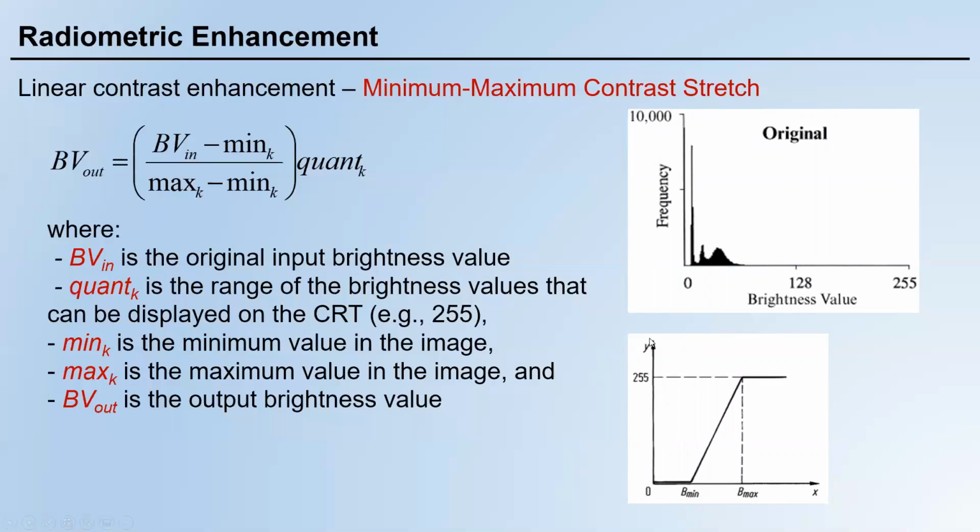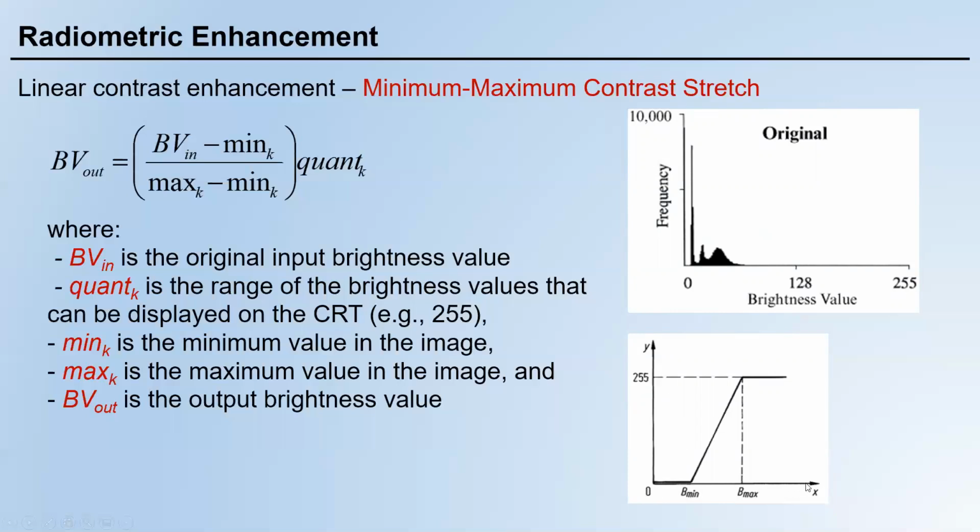And the vertical axis, Y, is for the range of the output image. So X is for input image, Y is for output image. For the input image, the dynamic range is decided by B min and B max, and we want to stretch this small range to a much larger range between 0 and 255.